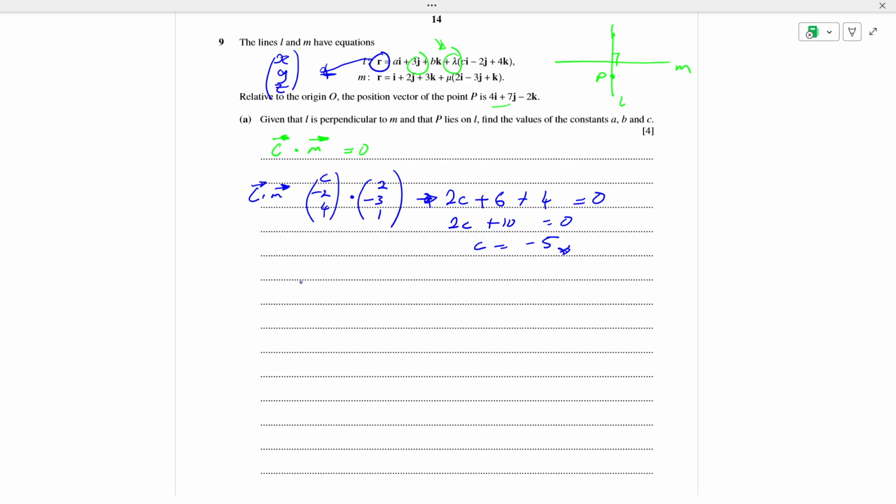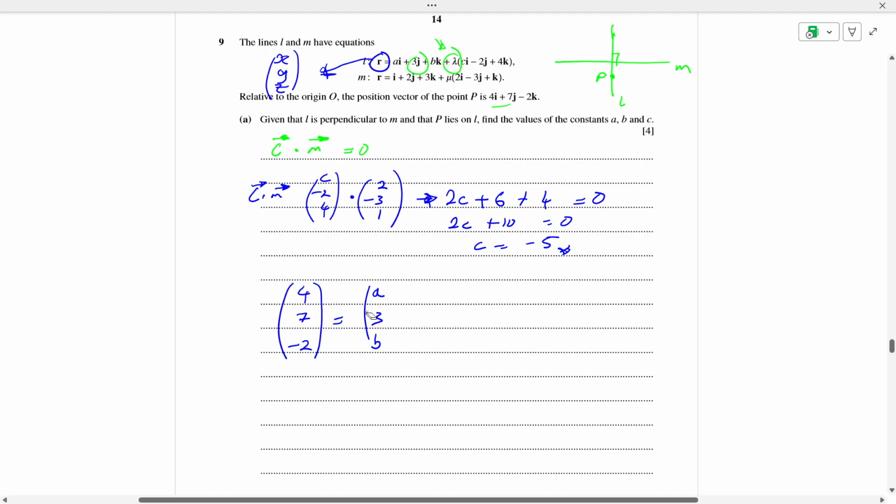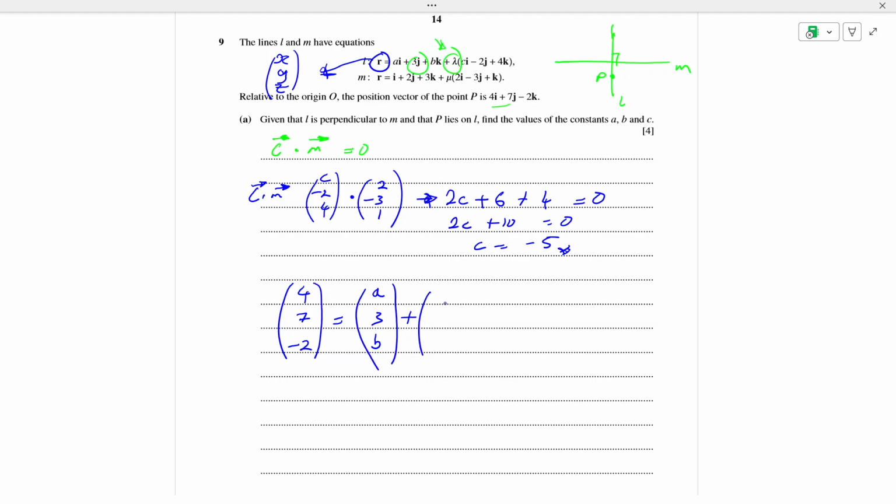So we have the point P in this case, which is 4, 7, -2, is equal to A, 3, B, plus, I'll combine it like this, lambda multiplied by 2, lambda C, and C is -5, so I have -5 lambda, minus 2 lambda, plus 4 lambda.